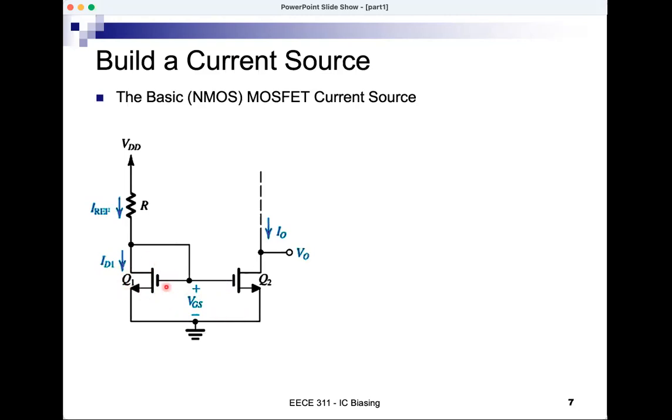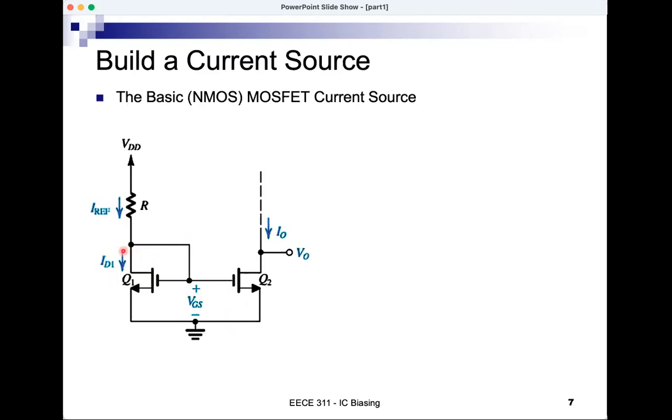For Q1, there's a connection between gate and drain. So the drain of Q1 and the gate of Q1 are shorted together. So the voltage at the drain of Q1 is equal to the voltage at the gate.